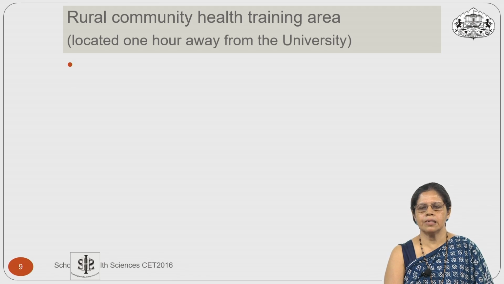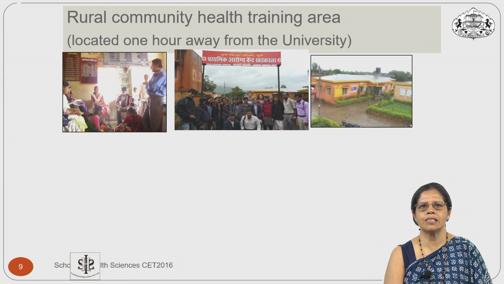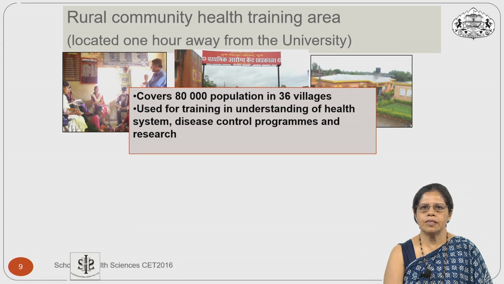Our practical exposure to public health is done through a lot of rural and field based settings. We have a rural community health training area which is located 1 hour away from the university. Under a primary health center, there are about 36 villages covering 80,000 population.